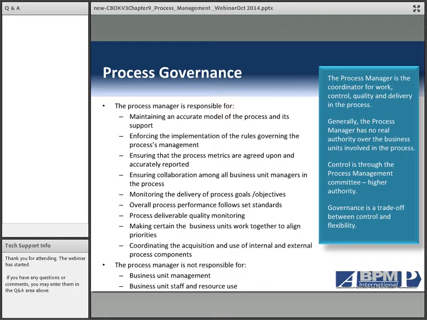The process governance aspect obviously deals with performance management, but it also deals with the organization and the coordination of work through all the different business units that are going to be involved. The governance aspect of process management really starts with the definition of rules, whether you call them the rules of engagement or the process governance rules.